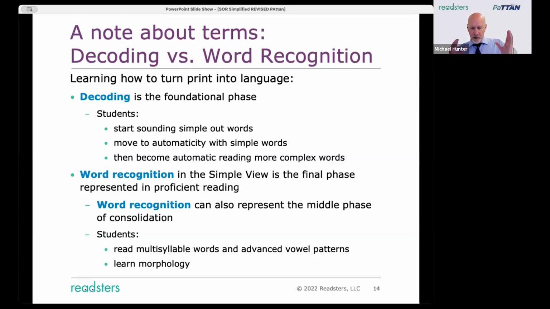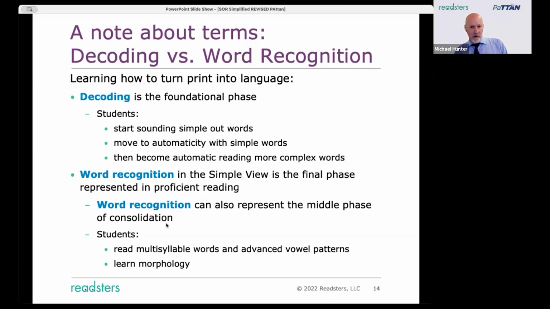And so the domain is the whole package of word recognition, not just the beginning learning stage. And sometimes word recognition can also be referred to as the consolidation stage, the middle stage between decoding and a final proficient reader.